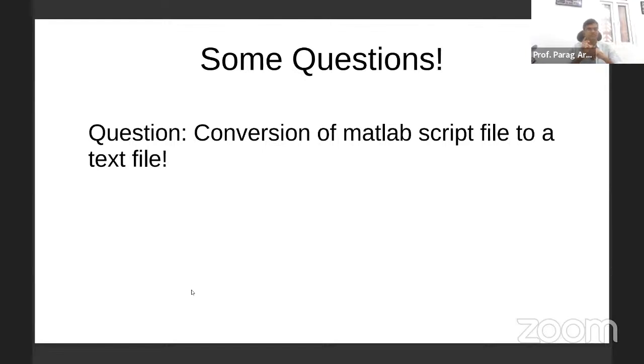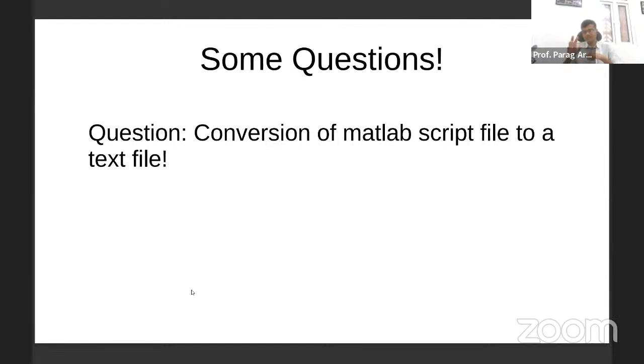However, the live script file, not the .m, but the live script file, can be exported to PDF or Word. So if you want to export the live script file for some kind of demonstration to PDF or Word, that is possible.